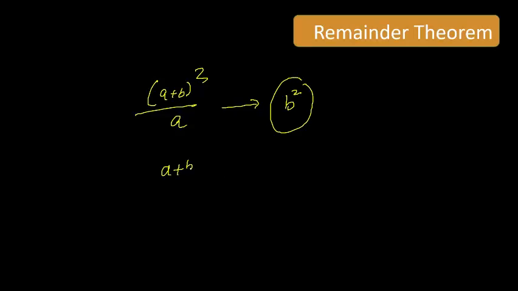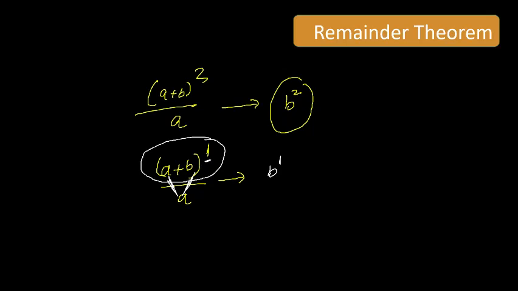And when (a plus b) raised to the power 1 is divided by a, what will be the remainder? If your power is 1, (a plus b) raised to the power 1 is this much only. Then what will be your remainder? Can I say this is divisible by a, but this is not? You will get b raised to the power 1 only.